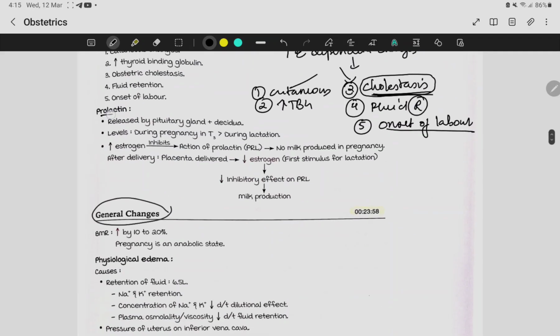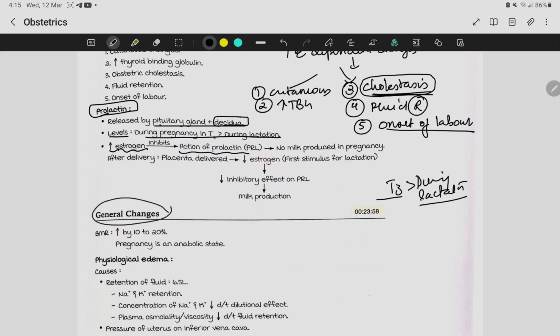Okay. So coming to prolactin, it is secreted by the pituitary gland and the decidua. Levels during the pregnancy trimester will be more compared to during lactation. Increased estrogen will prevent the action of the prolactin.